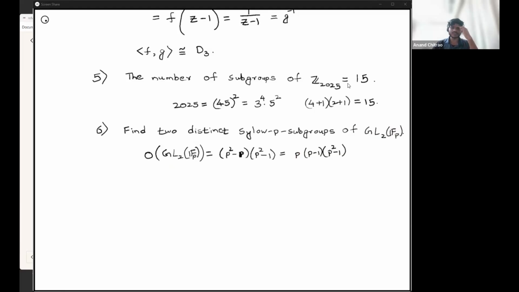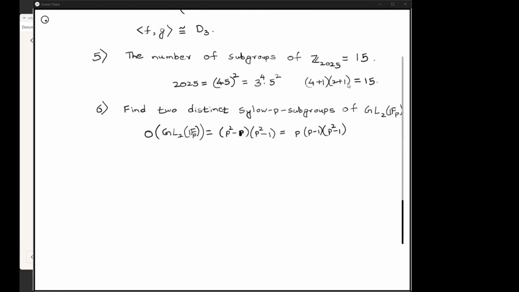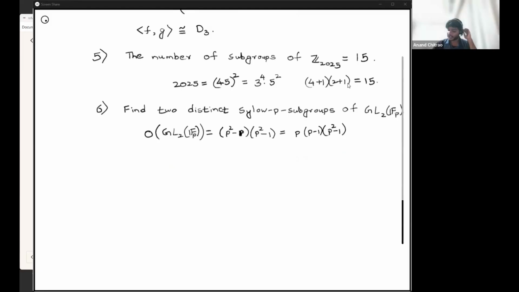One of them you already know. What is that? One of them is U2.